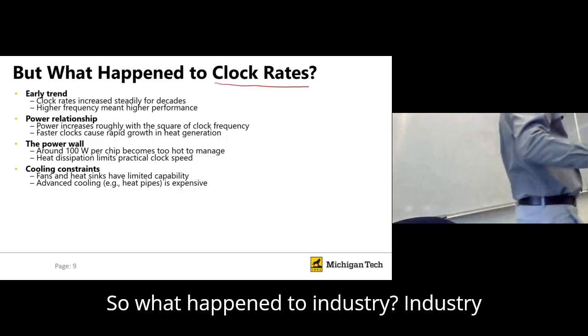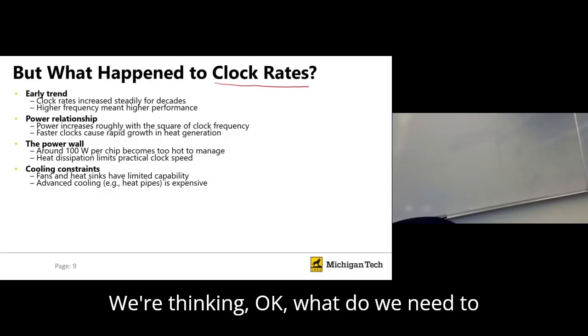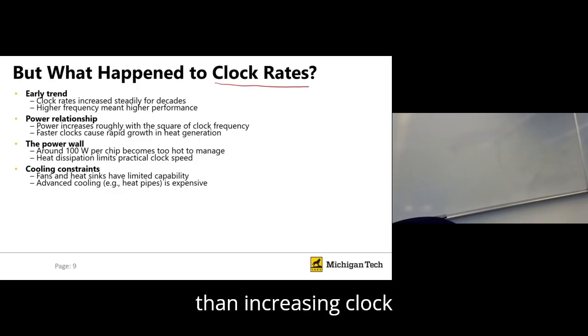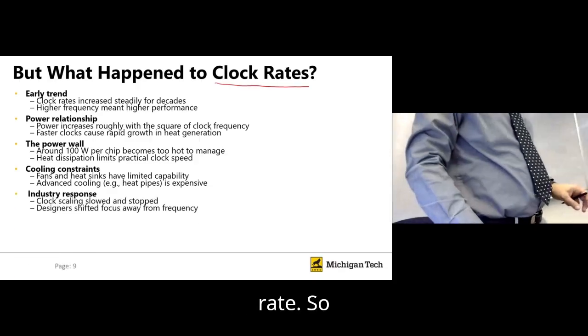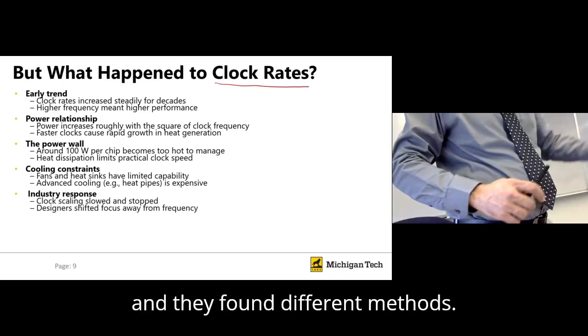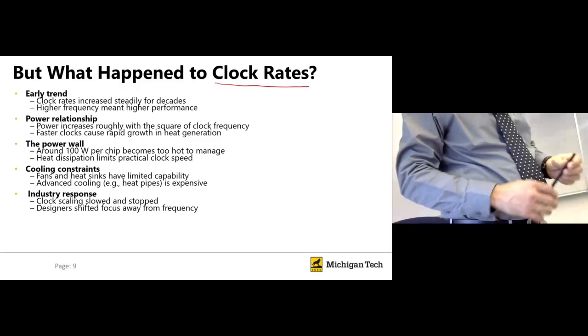So what happened to industry? Industry was thinking, okay, what do we need to do? We need to find another way than increasing clock rate. So they stopped increasing the clock rate, and they found different methods.